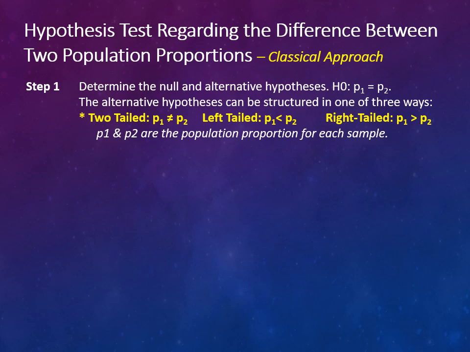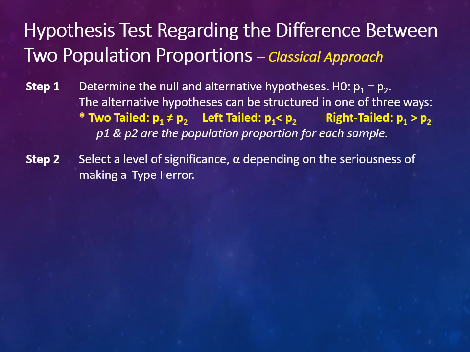Then, depending upon which tailed test we're doing: two-tailed, where they're not equal; left-tailed, where p1 is less than p2; and right-tailed, where p1 is greater than p2. These aren't new concepts, just a little bit different application.